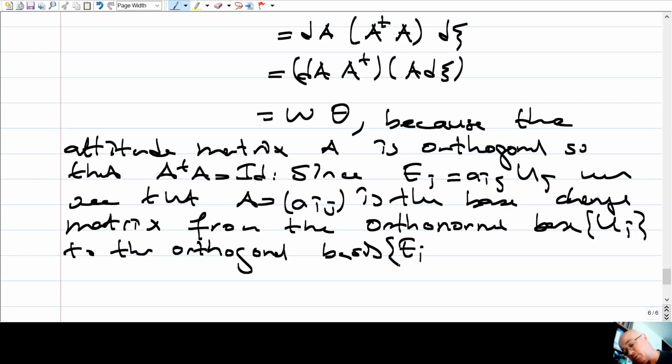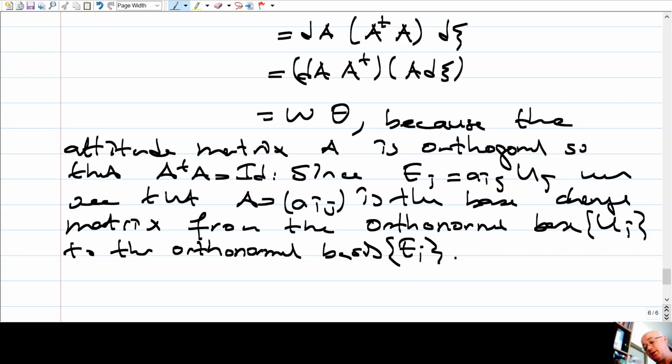Okay, let me write it this way. That's why, since this is the base change matrix from one orthonormal basis to another orthonormal basis, it is an orthogonal matrix.